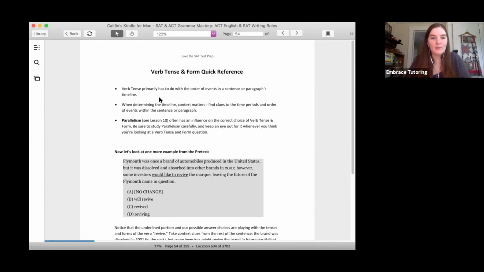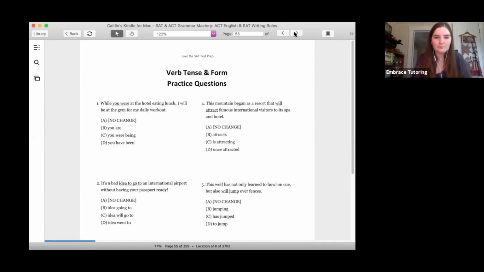Determining the timeline, the context matters. So find clues to the time periods and order of events within the sentence or paragraph. Also parallelism has an influence on the correct choice for verb tense and form. So we're going to start with that in our next lesson.